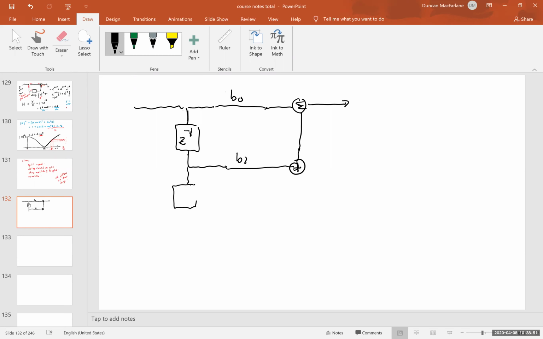Let's split it again and delay it and pick a different weight. And I can keep going.